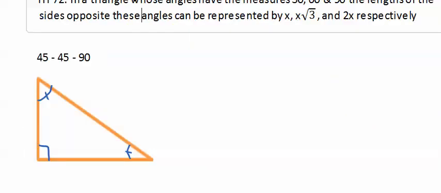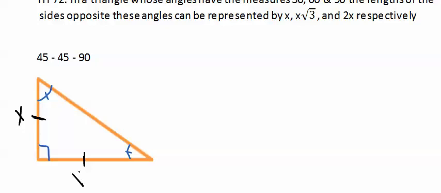The other special triangle we'll be talking about is a 45, 45, 90 degree triangle. Now, in a 45, 45, 90, you know that this is an isosceles triangle because the proportions of the angles are in relationship to the sides. So this side and this side will be congruent. So let's just say that is x and x. And we want to see what the hypotenuse is. Again, we'll use the Pythagorean theorem.